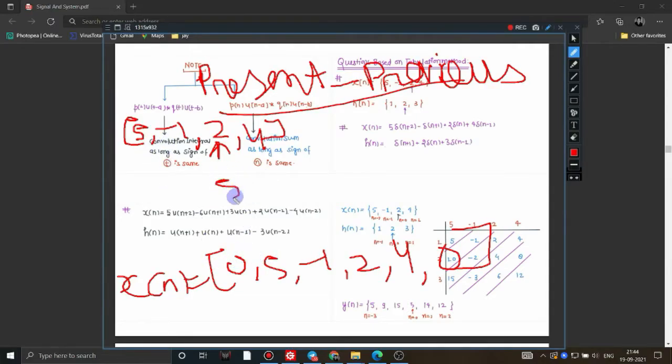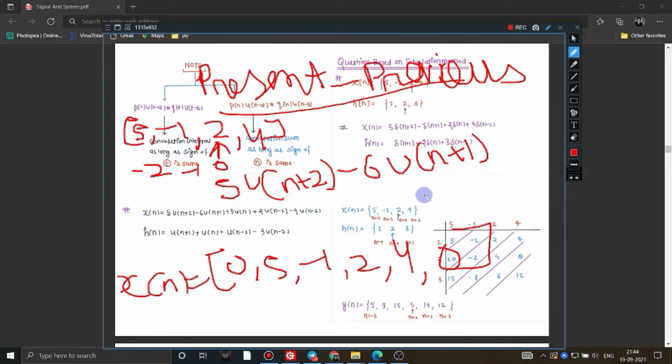So we write 5 u n plus 2. And for this minus 1, we take minus 1 minus 5, so minus 6 u n plus 1.